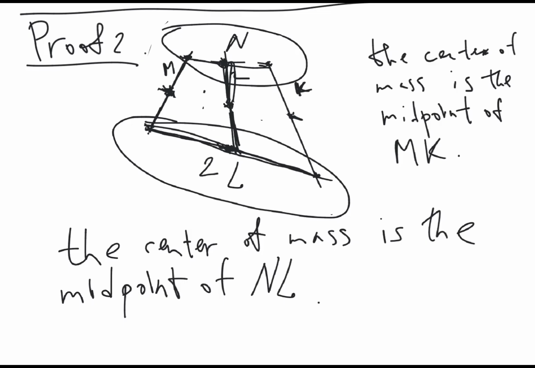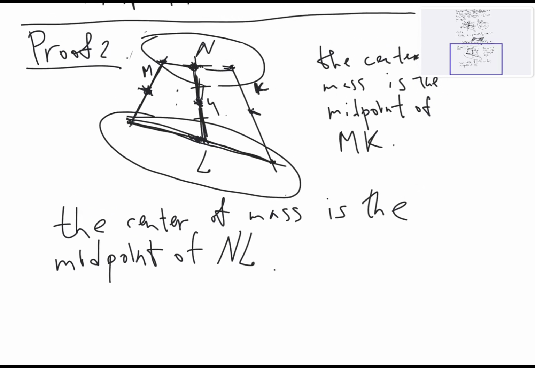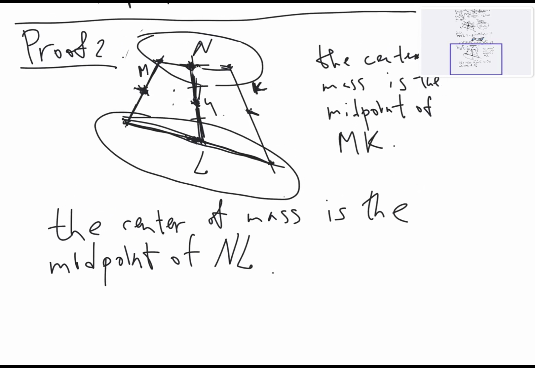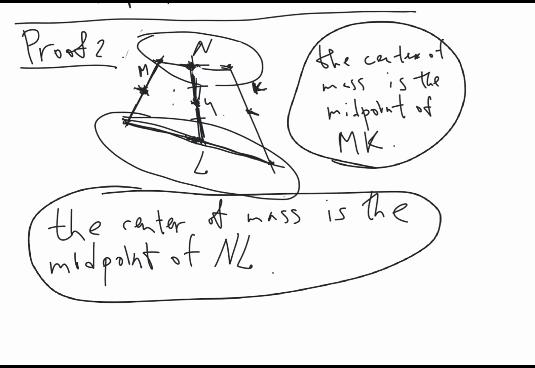So we can replace now these two masses of size 2 with a single mass of size 4 here at the midpoint of NL. But any system of masses has only one center of mass, right? Regardless of how we group them initially, the center of mass must be the same. So the center of mass that we found here should be the same as the center of mass that we found here.